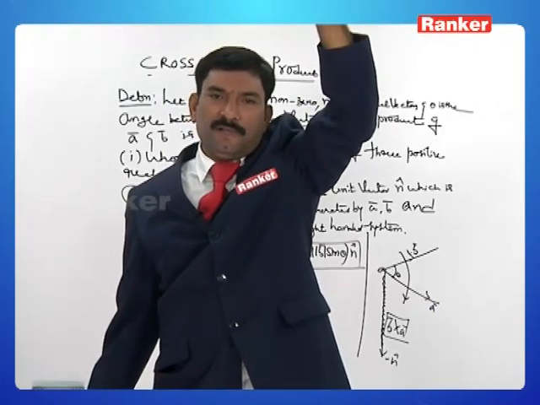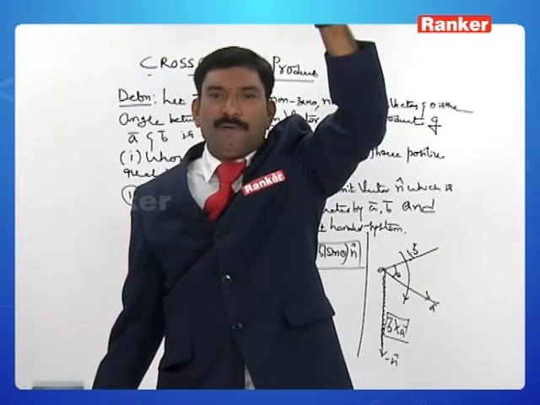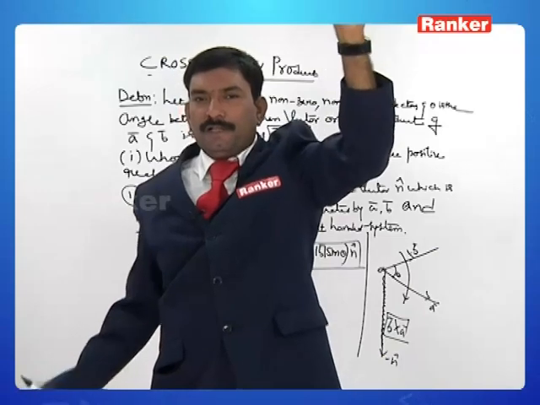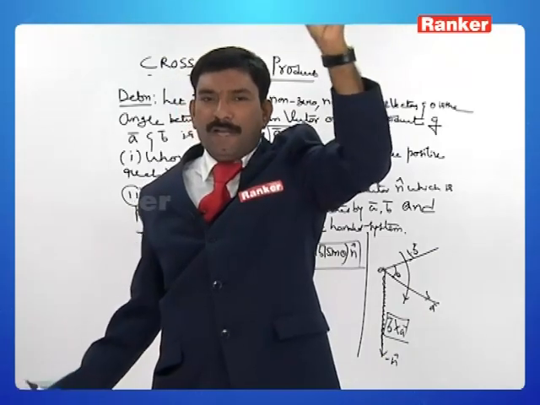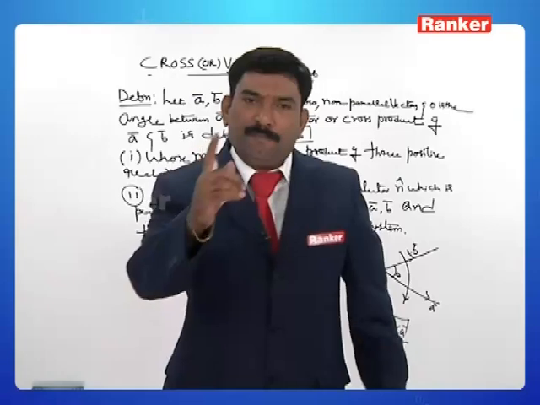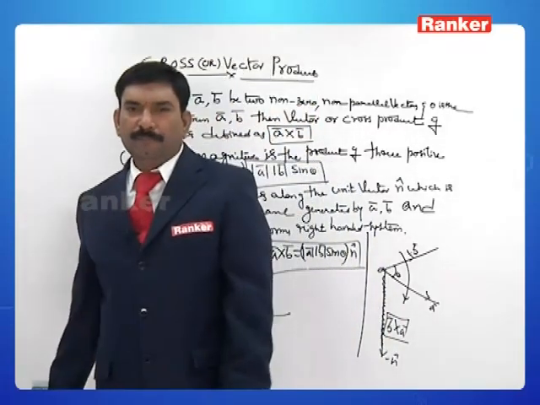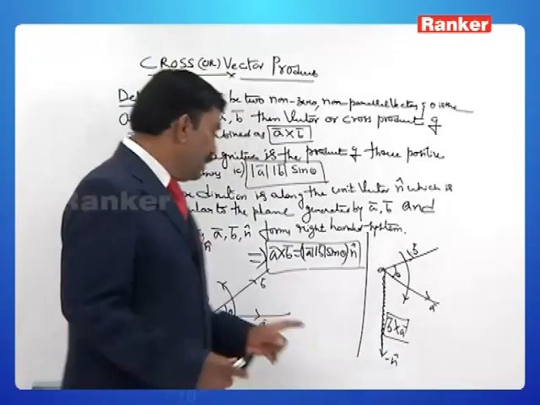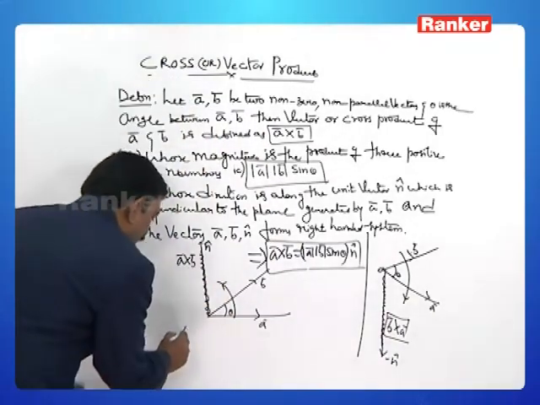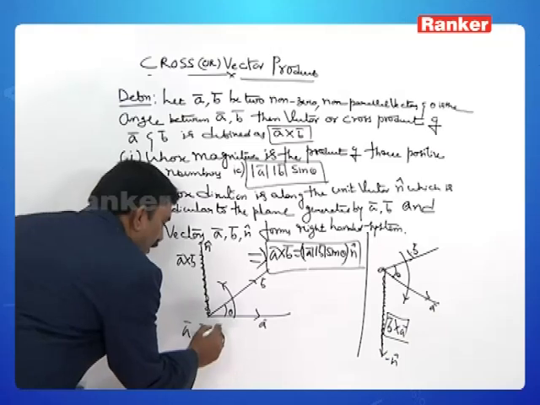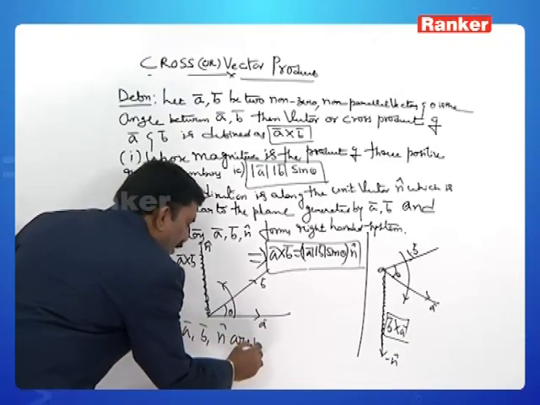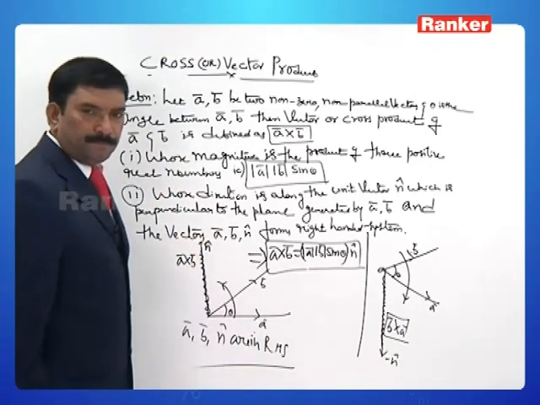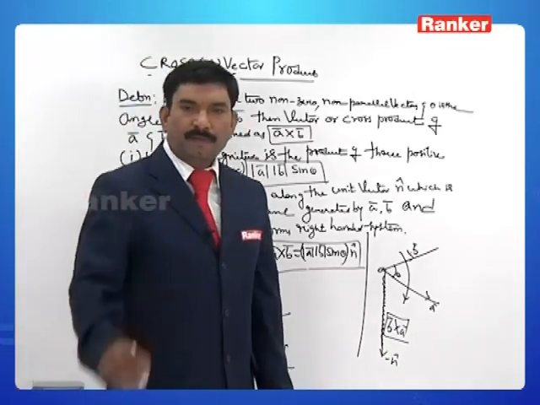But maybe n cap, maybe minus n cap, both vectors are perpendicular to the plane containing A bar and B bar. So now here I can write A bar, B bar, n cap are in a right-handed system. Followed?